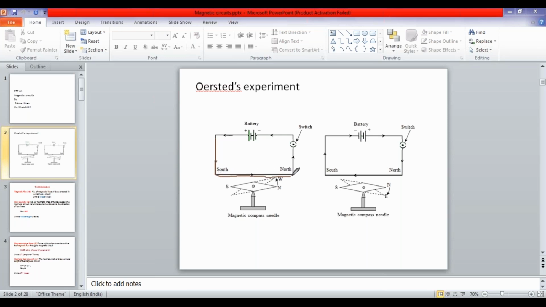By default the compass indicates the north and south directions of the earth, but because of the current flowing through the conductor, the compass needle is deflected. That is, the north and south pointing directions were changed.